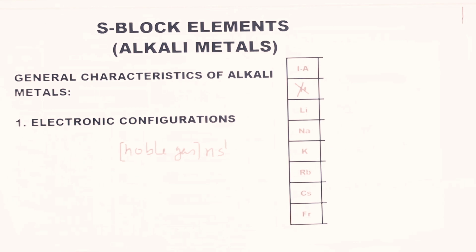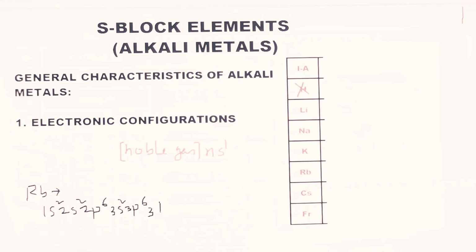Here we write the electronic configuration of rubidium: 1s2 2s2 2p6 3s2 3p6. Next, which orbital comes? 3d.